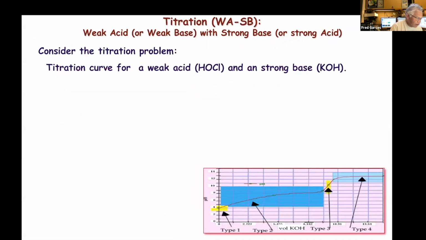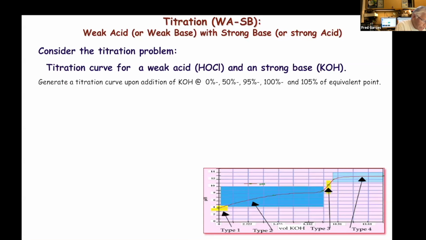So this problem is a titration where I have potassium hydroxide as my titrant, and hypochlorous acid, HOCl, a weak acid. Suppose I trick you. Not that I would, but if I made this HClO3, that is not a weak acid.